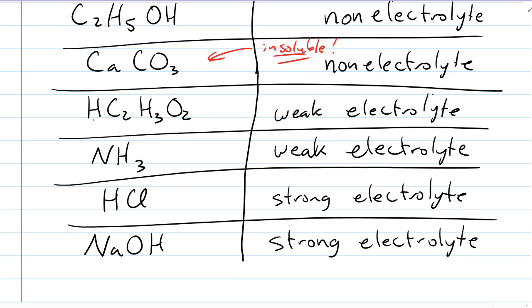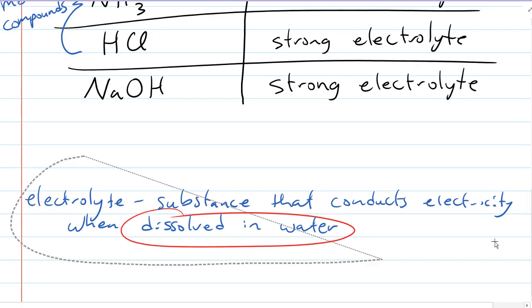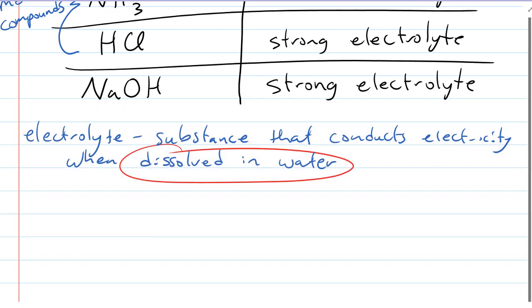So the thing here to point out on these three is that these are molecular compounds. And these molecular compounds still were electrolytes. And it turns out that if we were to define electrolytes a little further down here, we say that in order for a substance to be an electrolyte, ions must be present in solution.